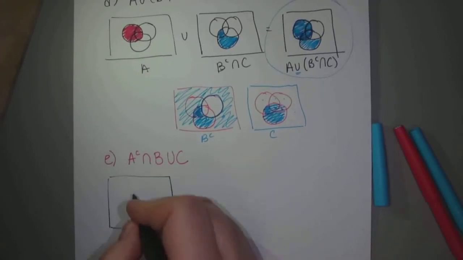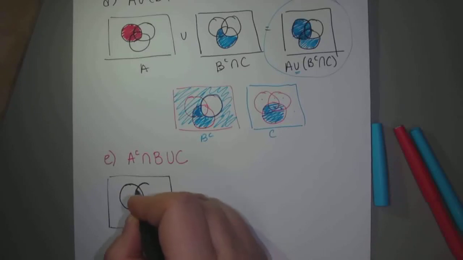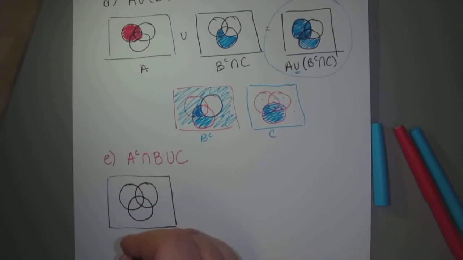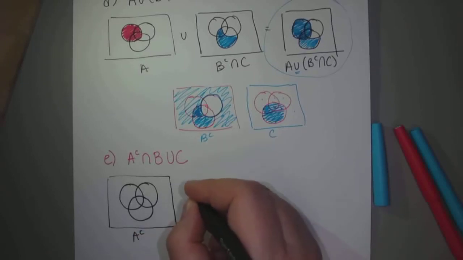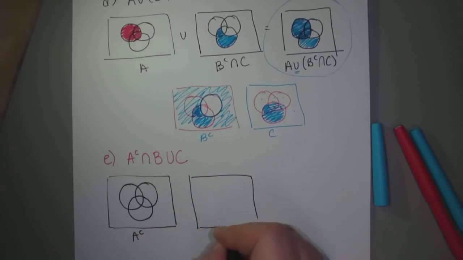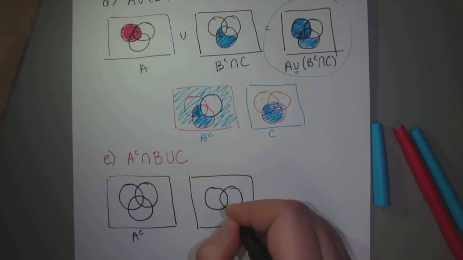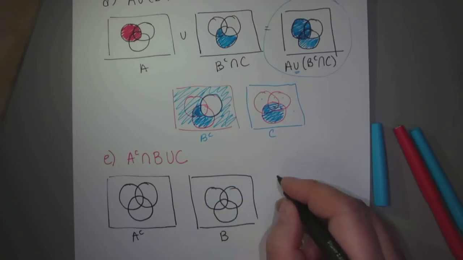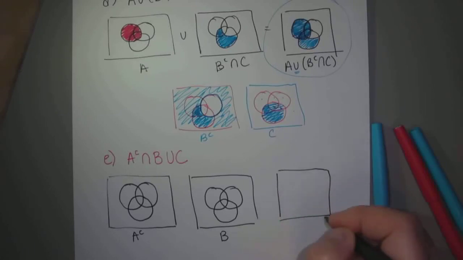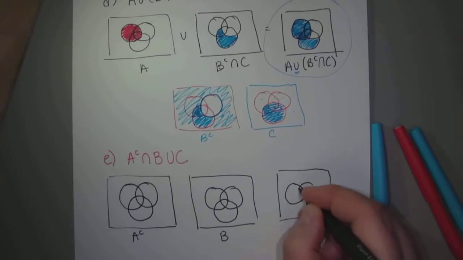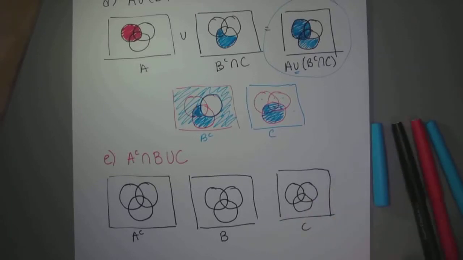Okay, so what you should do is A complement. You could even do all three of these separate if you wanted to. B. And the third one is C. Okay, so let's shade these.